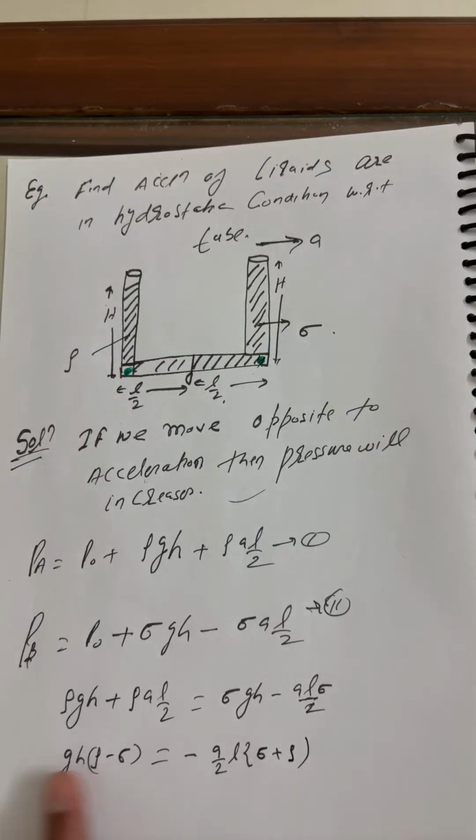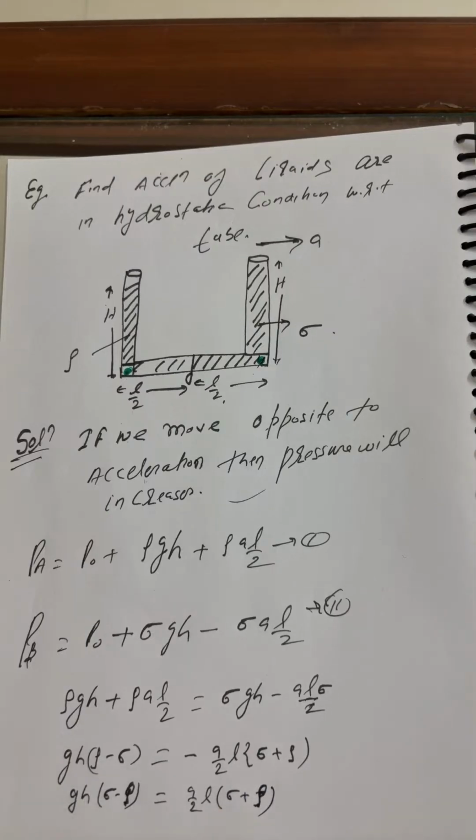Again taking one minus common, you can write sigma minus rho. So this is gh times sigma minus rho is equal to A by 2L into sigma plus rho.